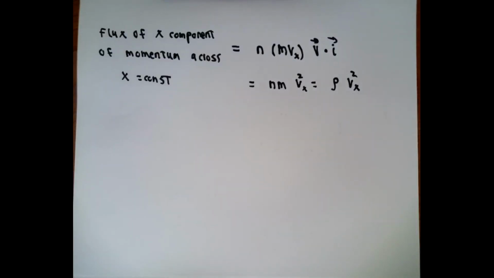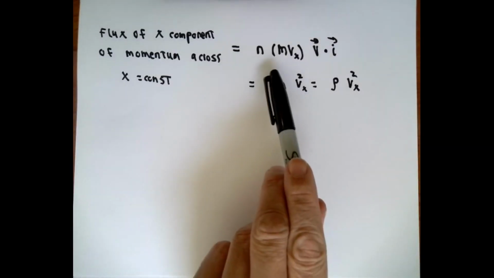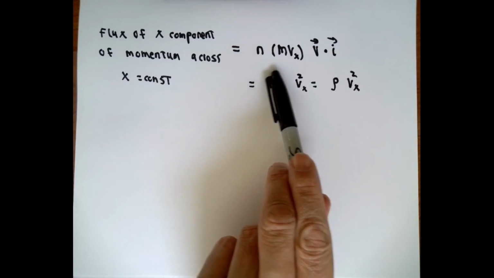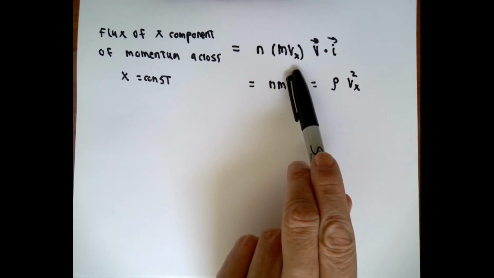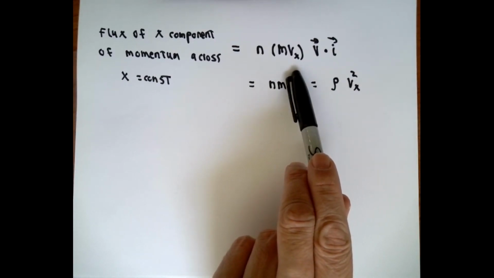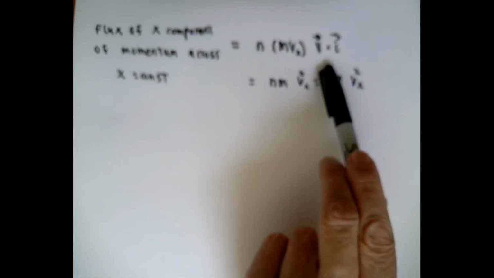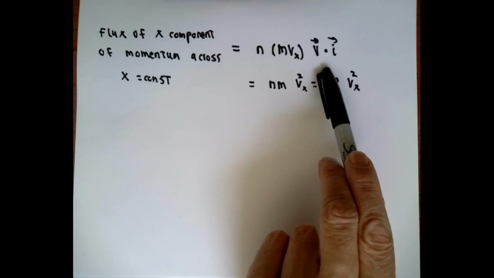For example, the flux of the x component of momentum across a surface of constant x value is the number density times the amount of x momentum that each particle carries times the dot product of v and, in this case, i, since we're looking at a surface of constant x.